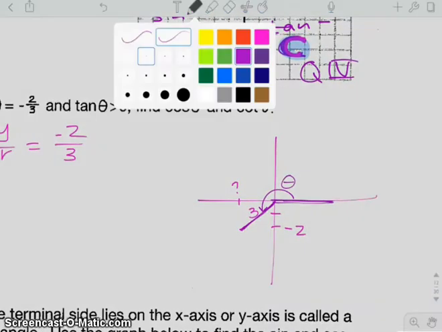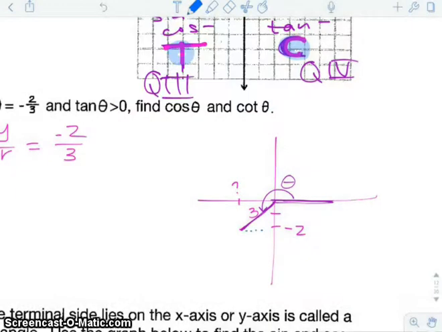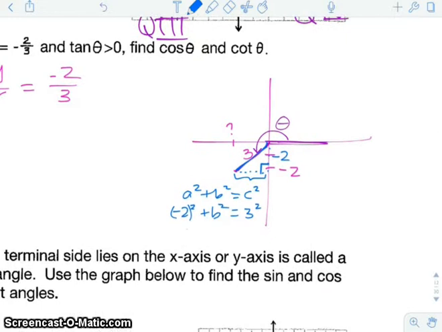And I can draw myself a little triangle, because I can drop a right triangle. This is -2, this is 3, therefore this right here must be a squared plus b squared equals c squared. -2 squared plus b squared is equal to 3 squared. 4 plus b squared equals 9.